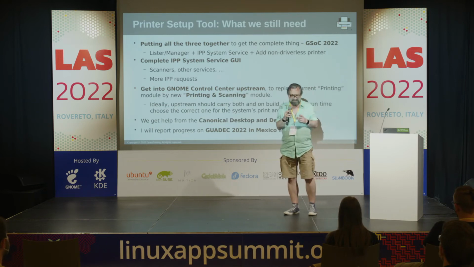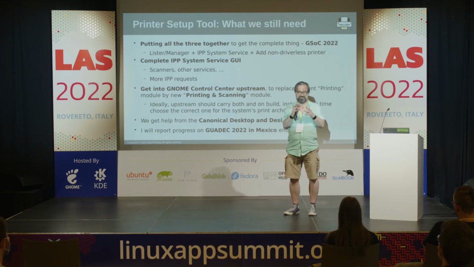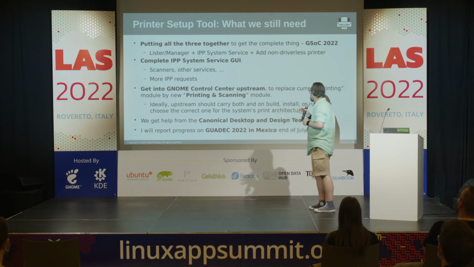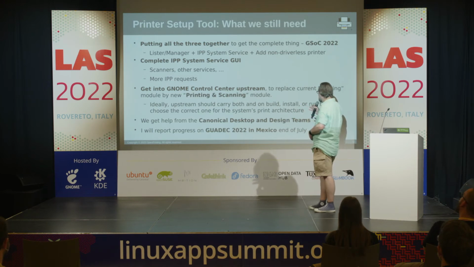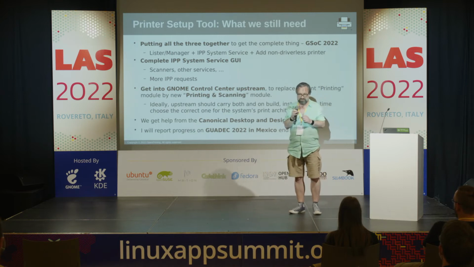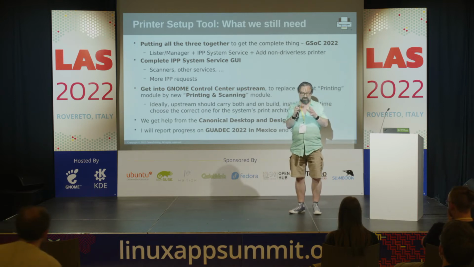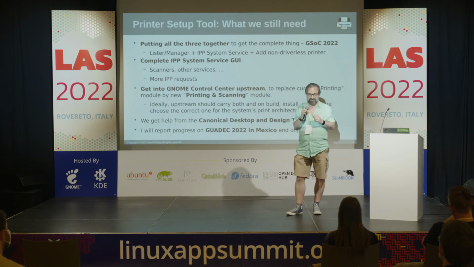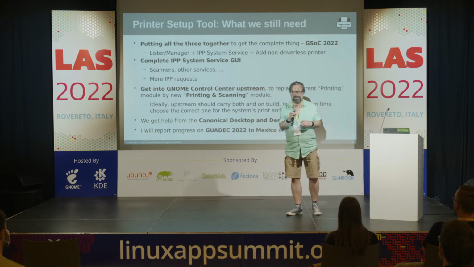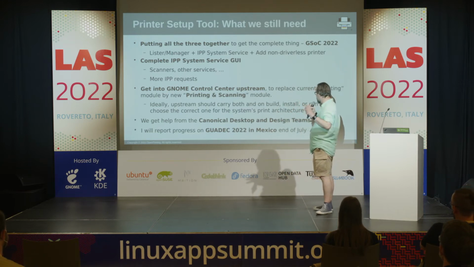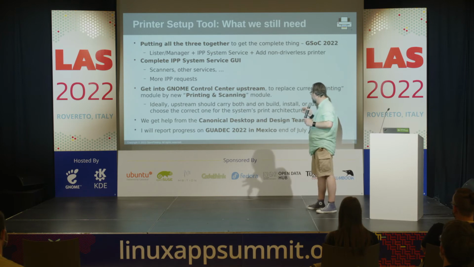For this, if all works nice, we will get a second Google Summer of Code student this year. And this second Google Summer of Code student will work closely together with our desktop team at Canonical and with the design team, so that we finish up a nice module to submit upstream.